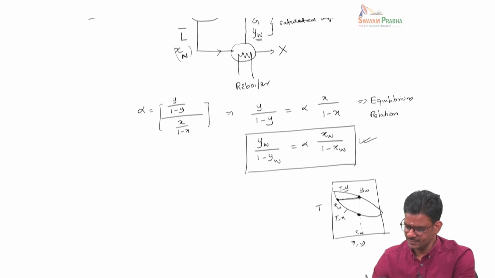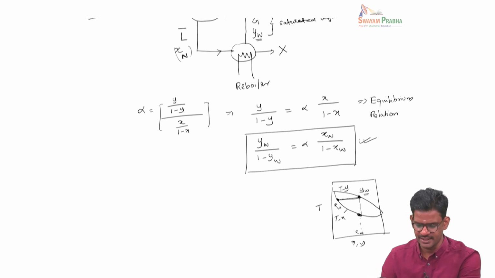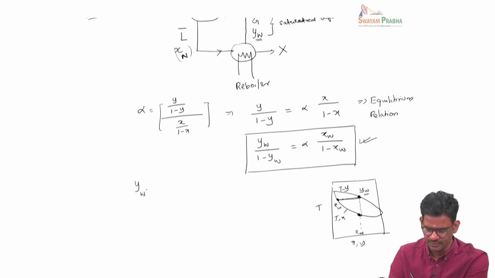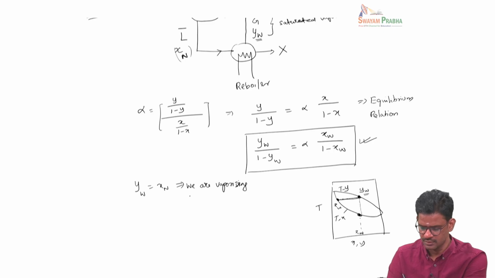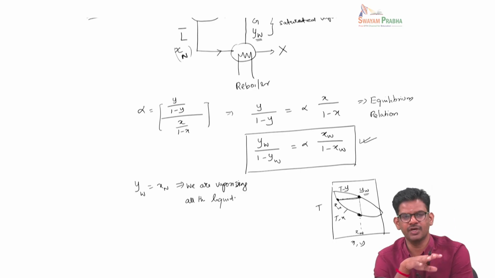We can also see from this figure that since we are vaporizing all of them, this YW is also equal to Xn. YW is equal to Xn because we are vaporizing all the liquid. So we are talking about three compositions.